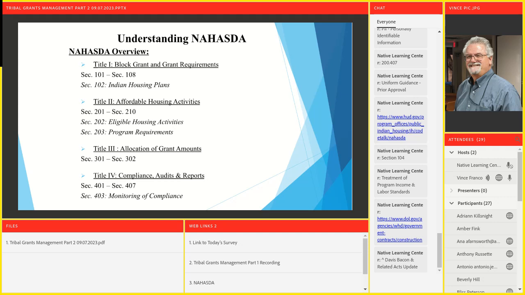Okay. Title 2, affordable housing activities, the 200s, as I call it, under NAHASDA, gets into a couple things. Two that I pulled out, eligible housing activities is probably the most important. It's made up of 9 different areas.